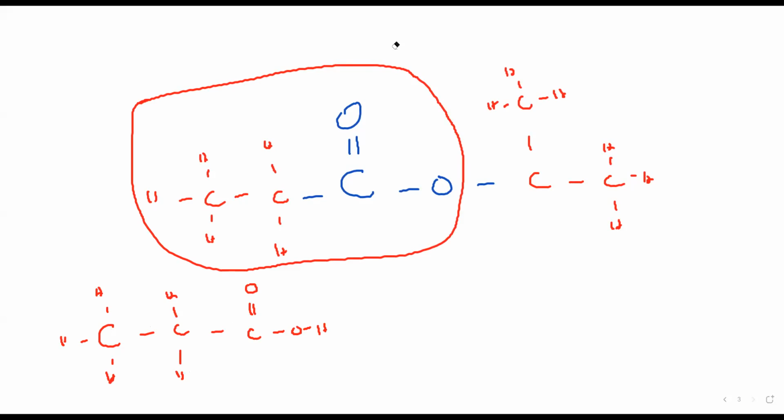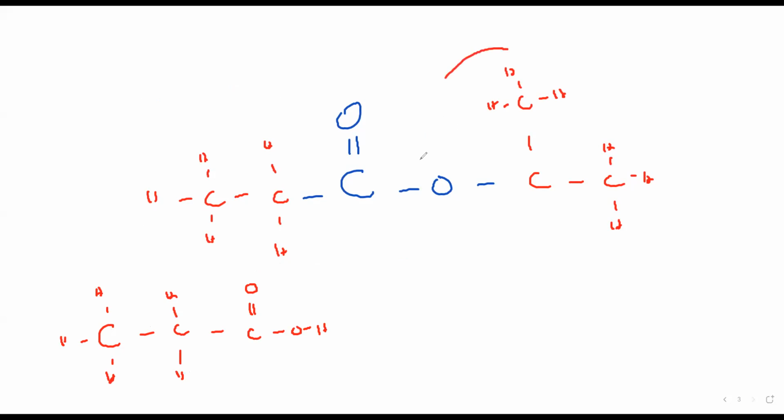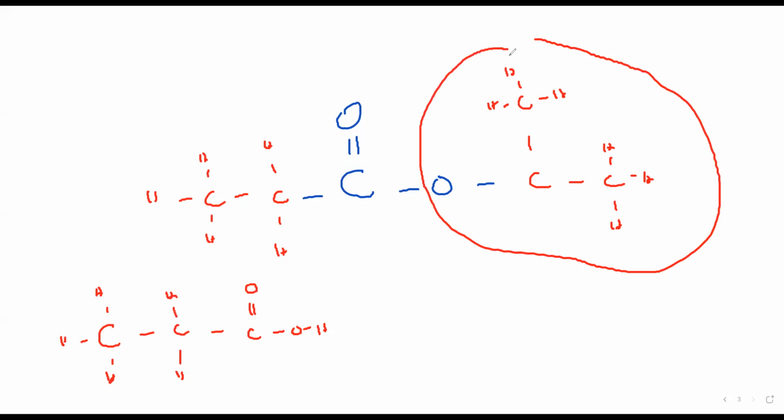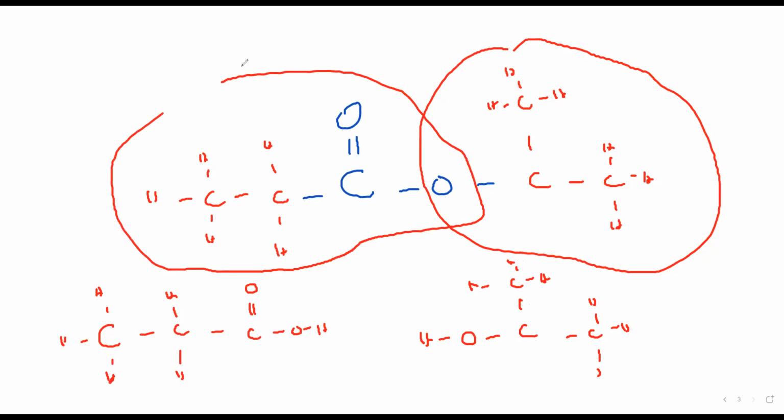If they ask to draw the structure of the alcohol, we include this oxygen. This will be CH3, this will be CH3, and this O is there and we just put H. This will be the alcohol. So just break from both sides of the oxygen and put hydrogen to get the structure of the acid and the structure of the alcohol.